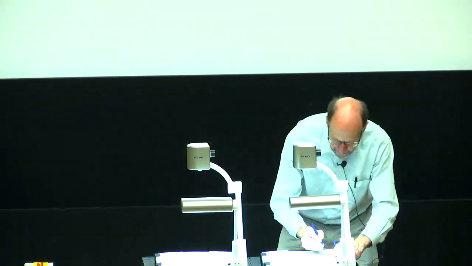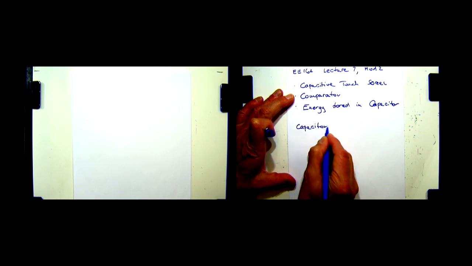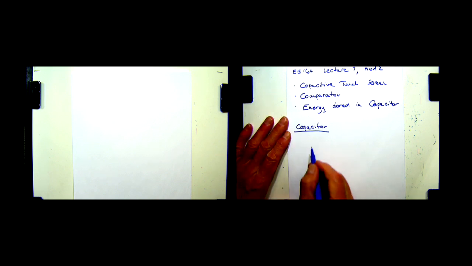All right, so capacitance. We talked about capacitance last time when we introduced that concept. Let's just remind ourselves what a capacitor is. In the simplest way, a capacitor is two conductors.